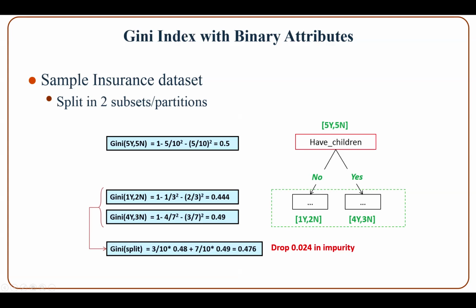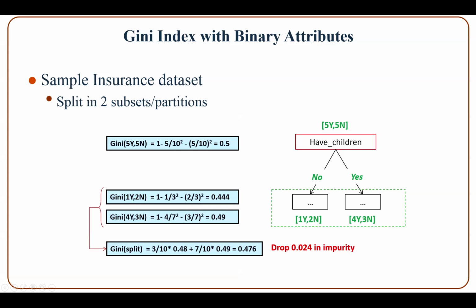Records in which have children is no are sent to the left node, and records which have children equal to yes are sent to the node on the right.